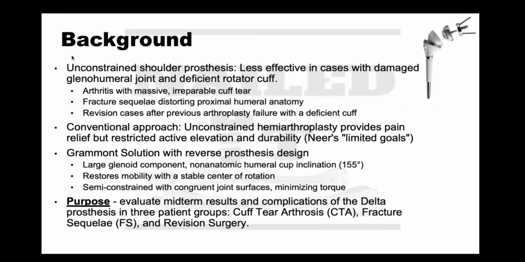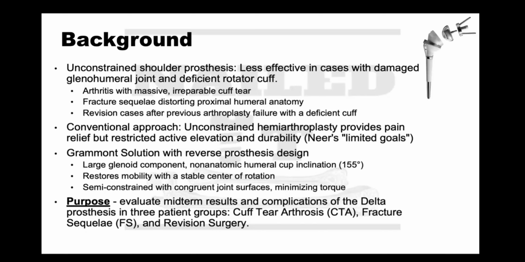For some background, like we mentioned before, a lot of evidence shows the unconstrained shoulder prosthesis is less effective when there's a damaged glenohumeral joint and a deficient cuff. In these circumstances, the shoulder lacks the force to counteract the deltoid's upward pull, so you usually see improper humeral ascension and limited elevation.